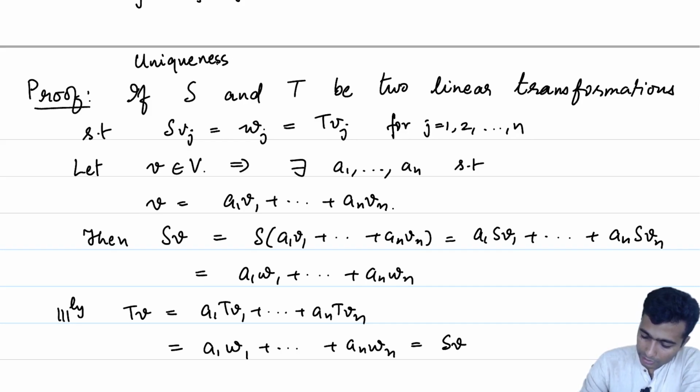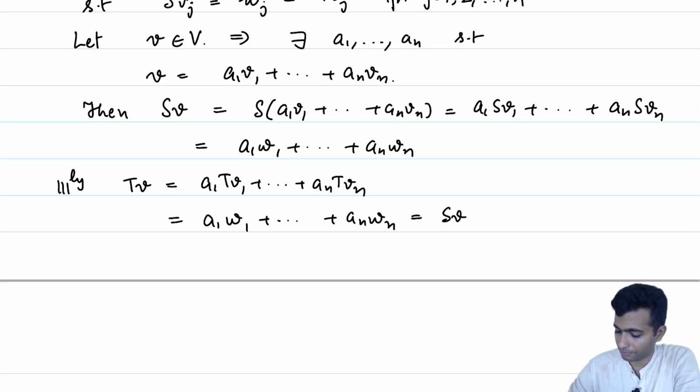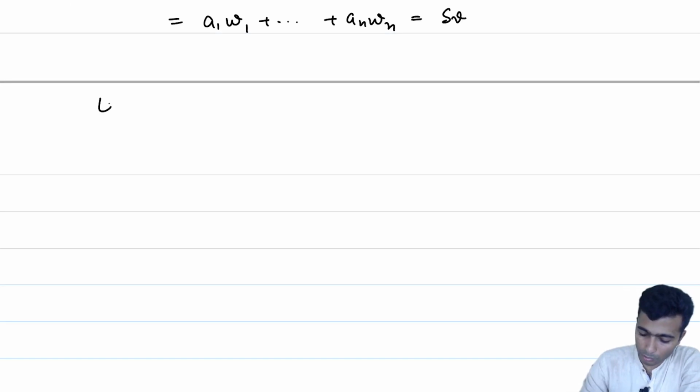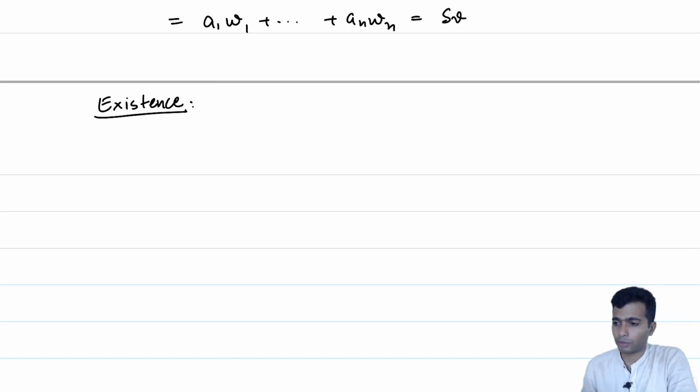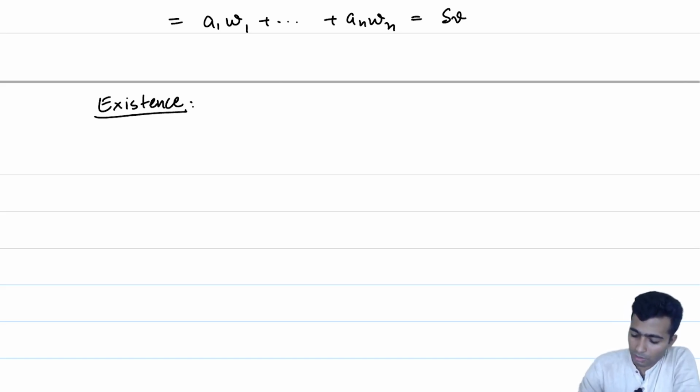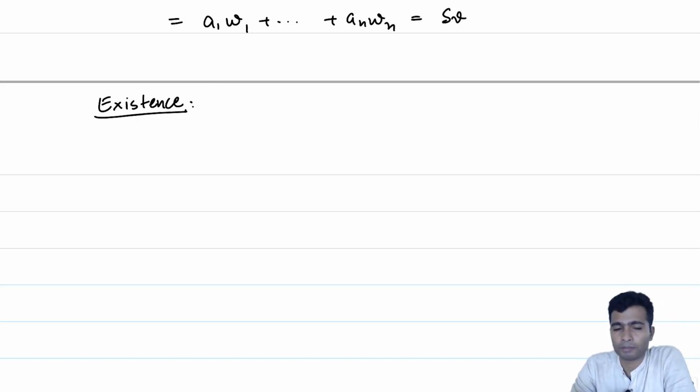Now let us establish existence. Let's bother about existence. Well, we know what T should be on each of the basis vectors. So, given a vector V in capital V, by a theorem we have proved earlier, there exists a unique linear combination of V in terms of V1, V2 up to Vn.